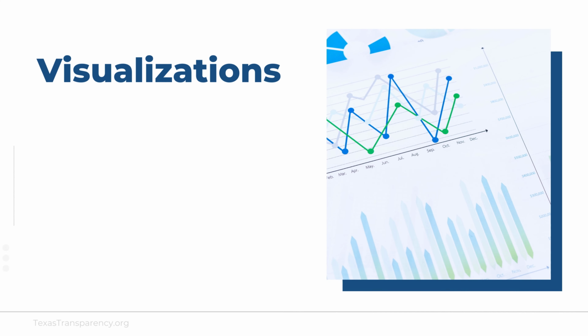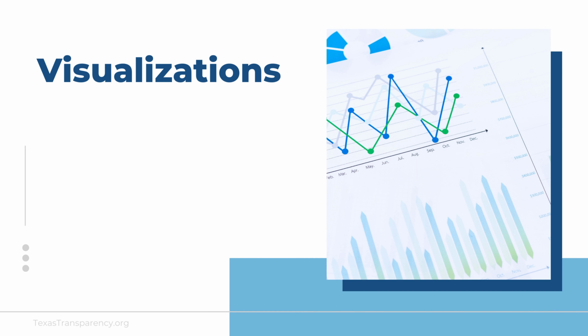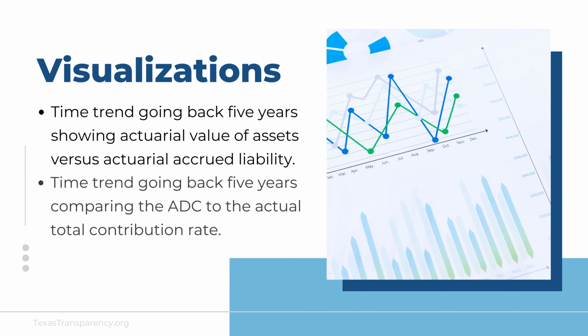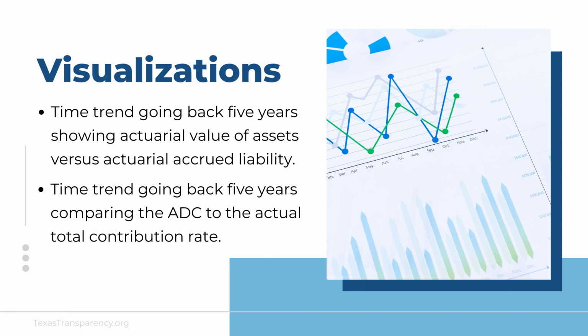You must post data visualizations to your website showing the following: a time trend going back 5 years showing actuarial value of assets versus actuarial accrued liability, and a time trend going back 5 years comparing the ADC to the actual total contribution rate.